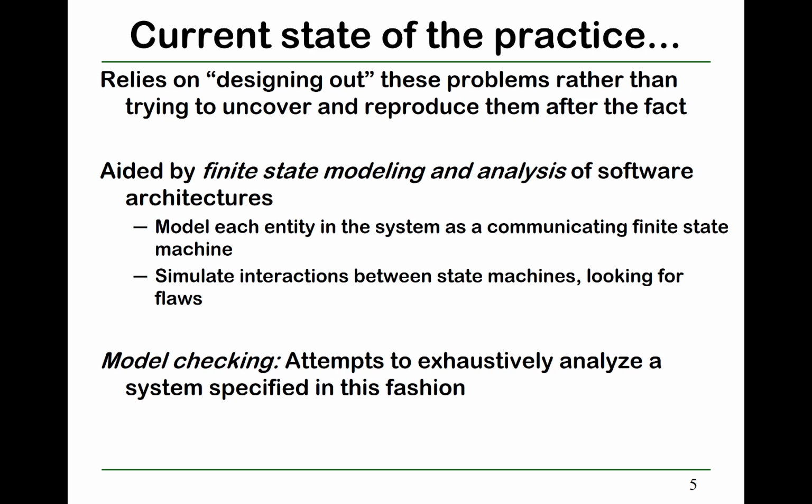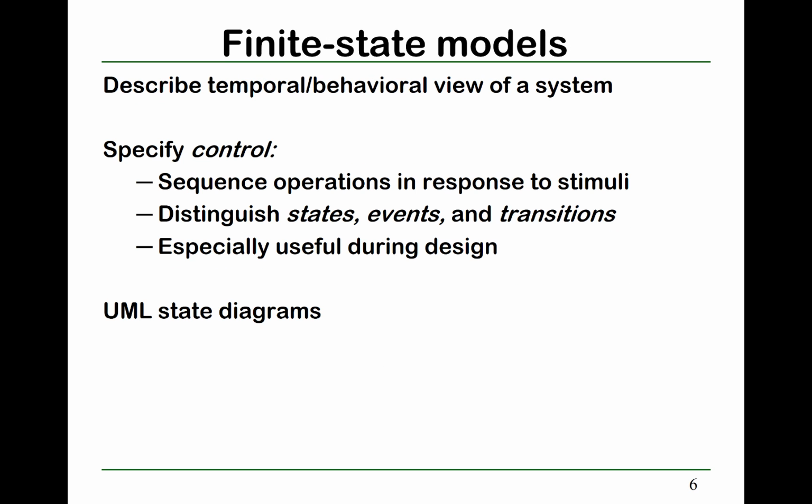The technique that exhaustively analyzes all possible states in a system specified as finite state machines is called model checking. For small systems, model checking is possible, but for large systems, it's not that possible because there are too many states.